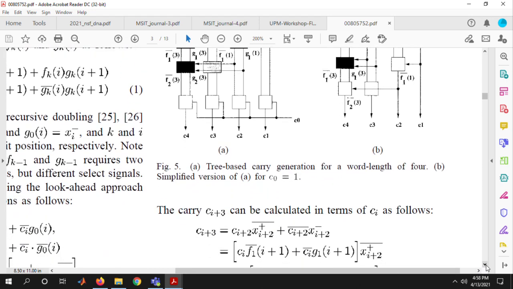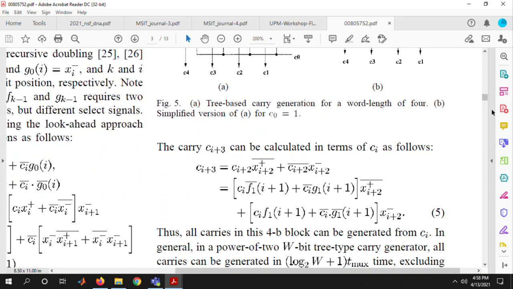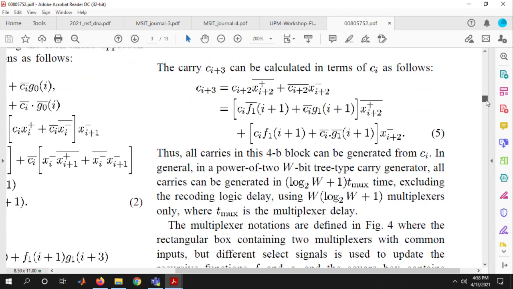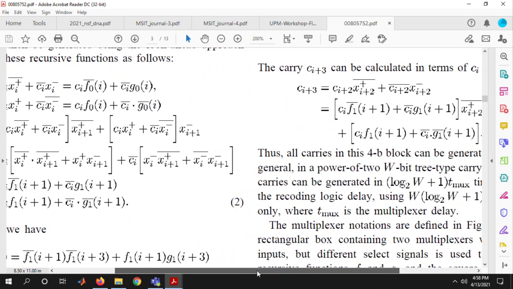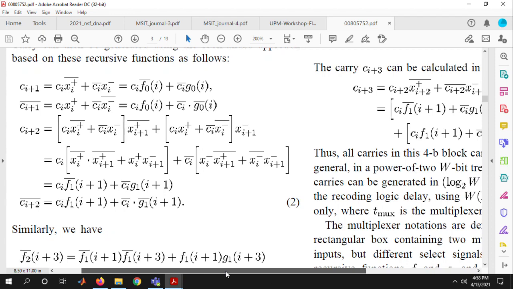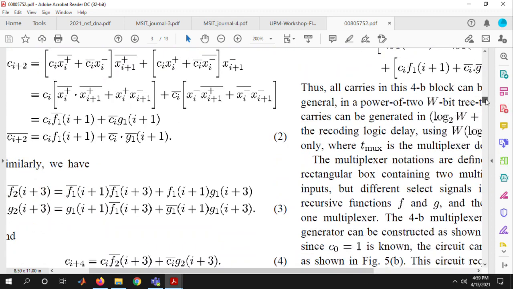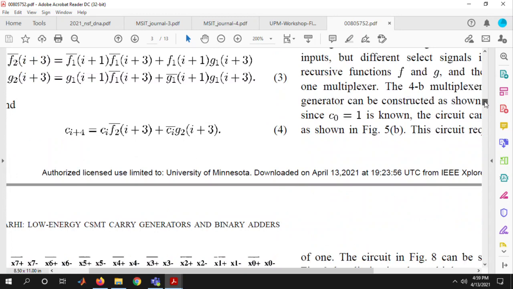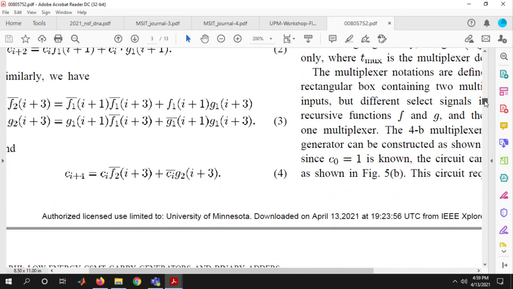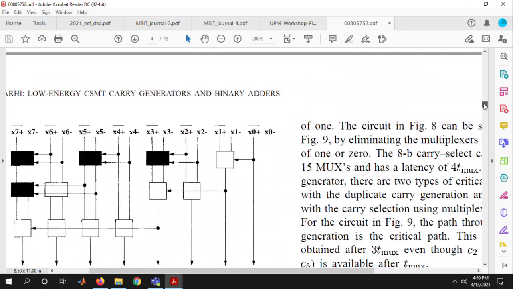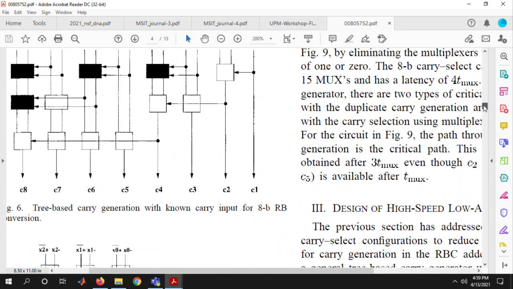So this is tree based carry, and it's good to learn some of these recursions, but I won't go through these in detail. We are showing here how to compute Ci plus 2 from Ci, Ci plus 4 from Ci, and so on.